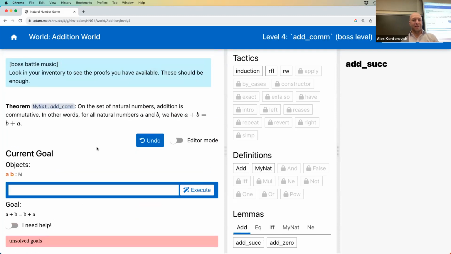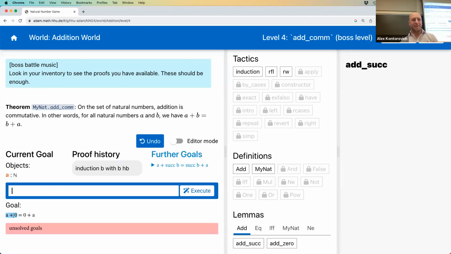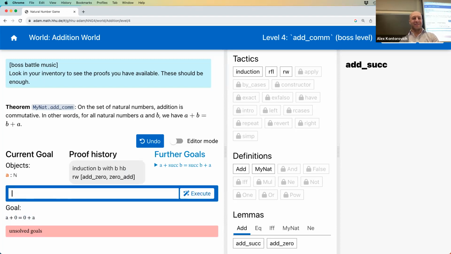Next level. Why is addition commutative? What do I do? Induction on B with HB. Okay, why is left addition of 0 and right addition of 0 the same? add_zero and zero_add.